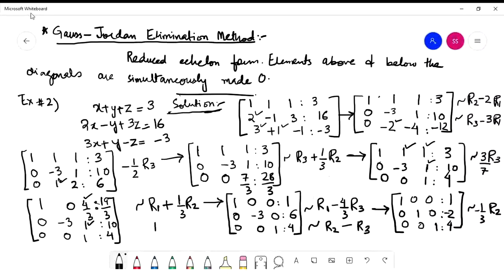Okay, so your system is here. I can write it in the transpose form, x, y, z transpose. Basically it's a column vector, so that makes x have the value 1, y the value minus 2, and z the value 4.